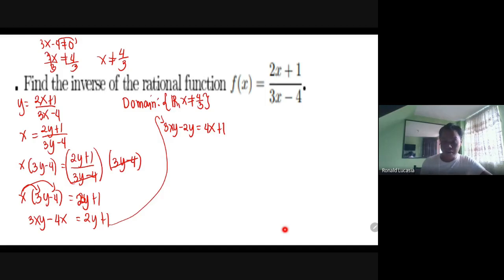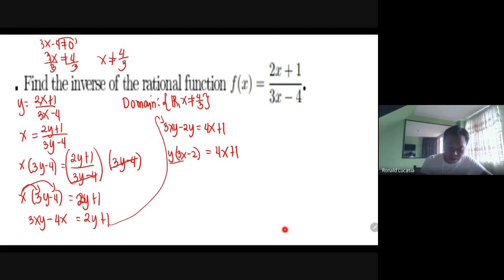The left side has a common factor, and we need to take out y. They have y in common. 3xy divided by y is 3x. That's factoring using a common monomial factor. And negative 2y divided by y is negative 2, equals 4x plus 1. Okay?